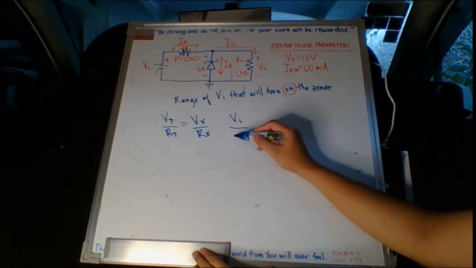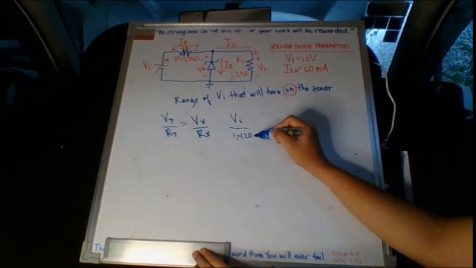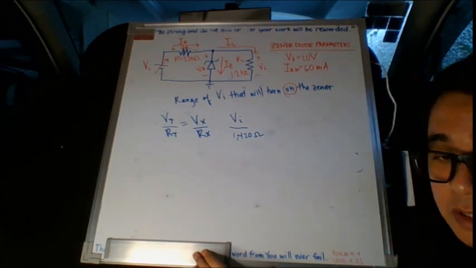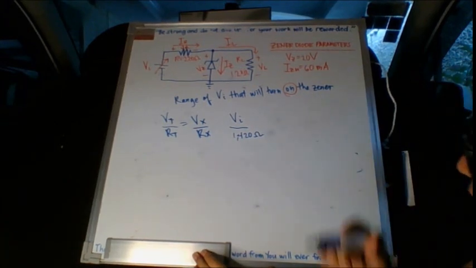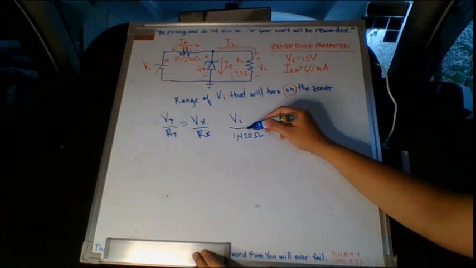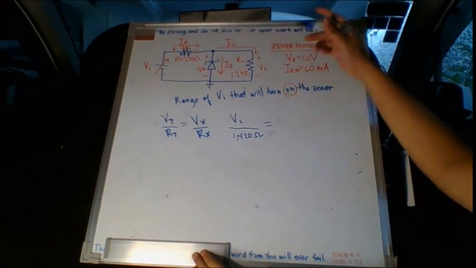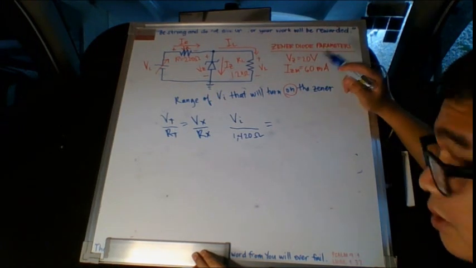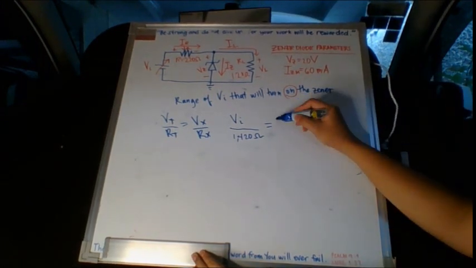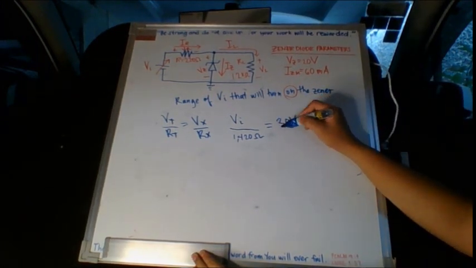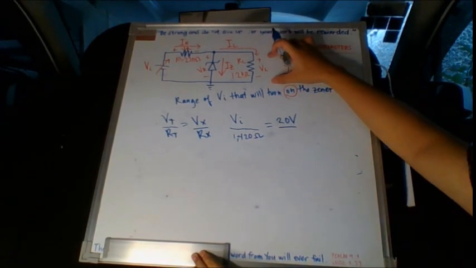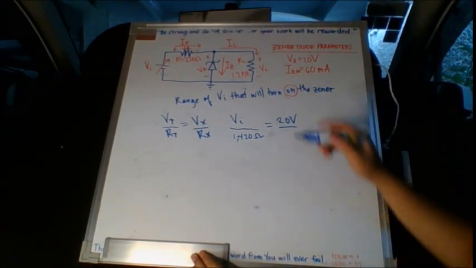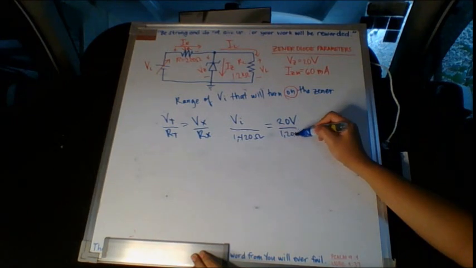Therefore, we have 1,420 ohms equals V sub L is assumed to be 20 volts. So, i-assume natin na naka-on yung ating Zener diode. We have 20 volts divided by yung resistance na nandoon is 1,200 ohms.